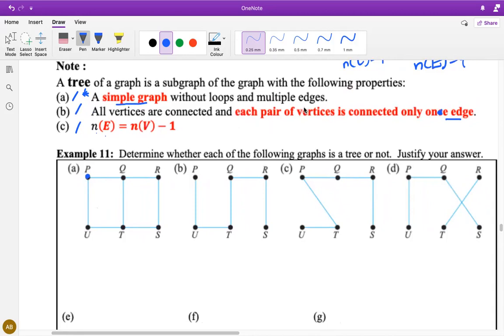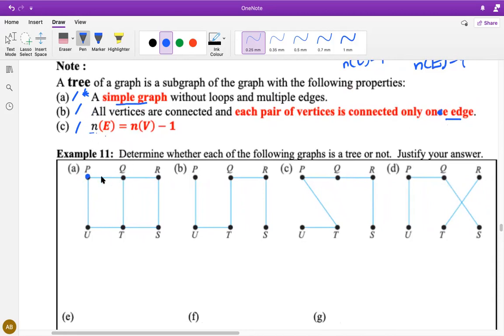Each pair is connected by only one edge, right? So this one is connected. Of course, this one fulfills number 2, but number 3, C, it doesn't fulfill, right?